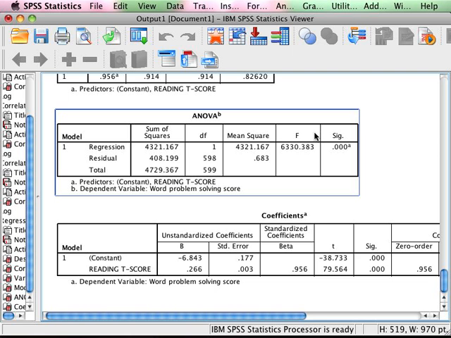Shane? 0.266. 0.266, right? This is my slope. And forever, what this means is that when my reading score increases by 1 point, I have a corresponding 0.266 point change in my word problem solving score. How many standard deviations is that change?